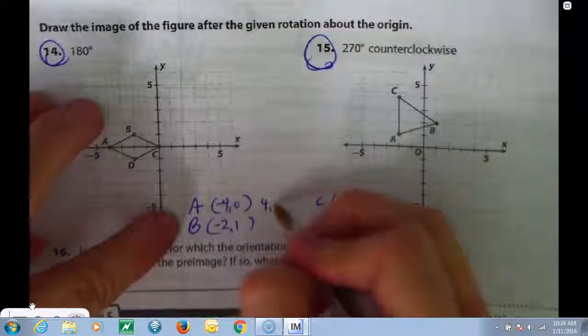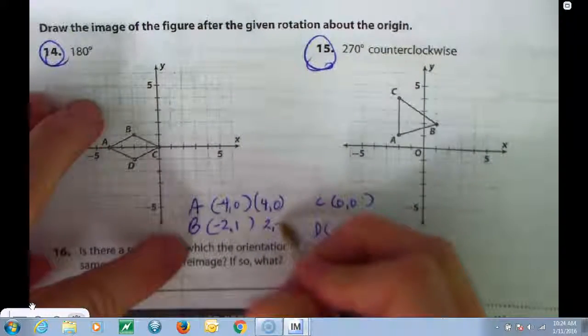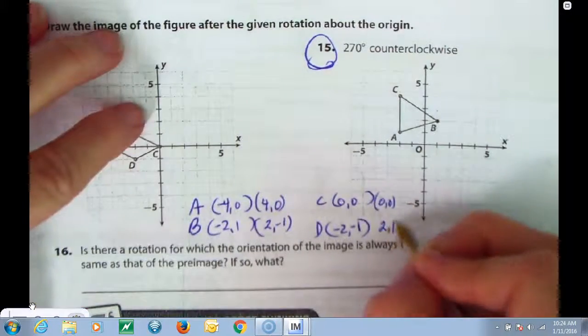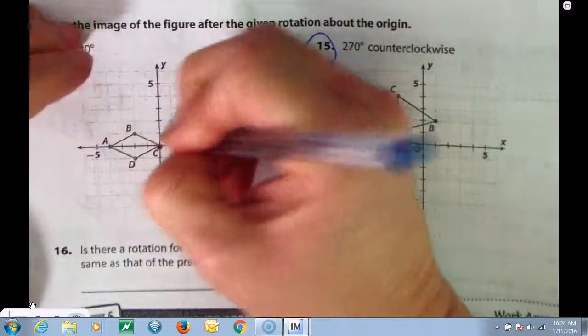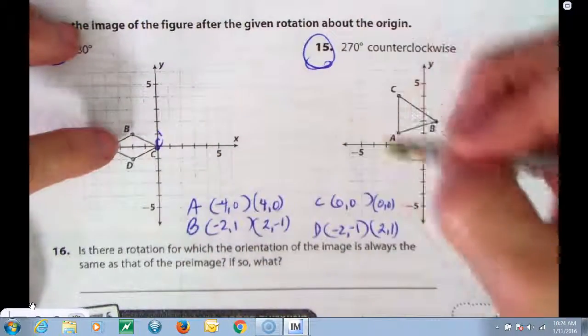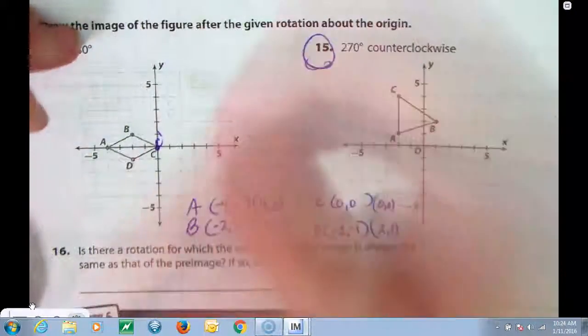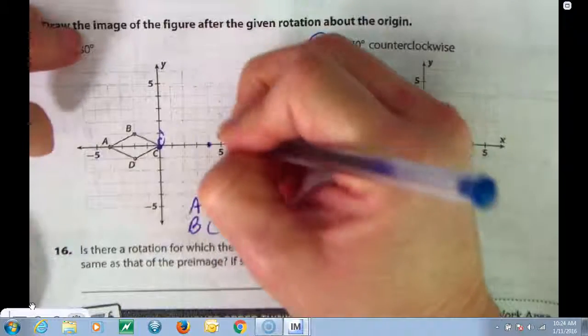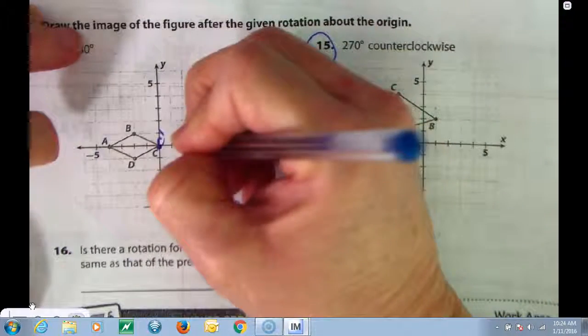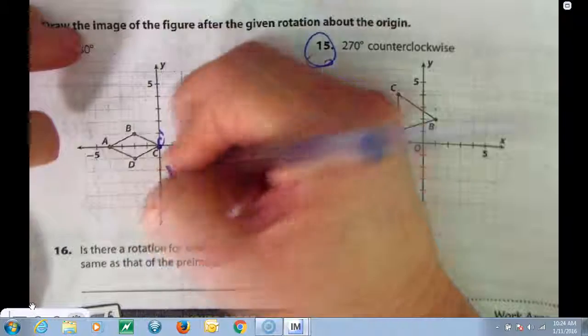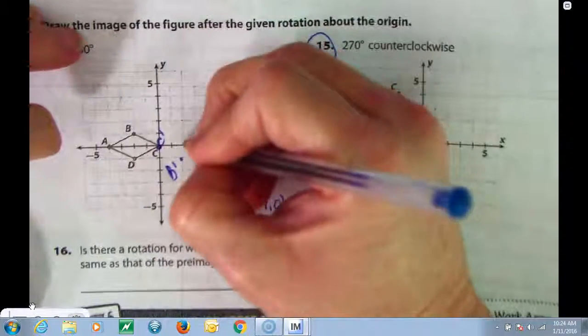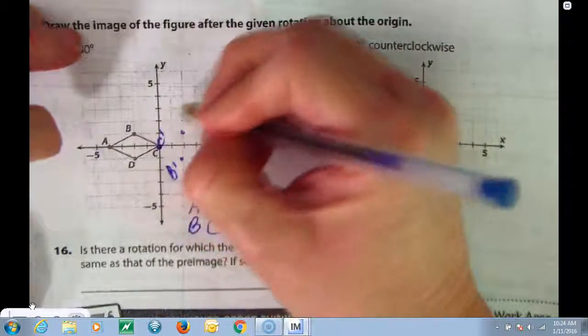So it would be 4, 0, 2, -1, 0, 0, 2, 1. That's going to be C prime. Oh, 4, 0 is A prime. 2, -1 is B prime. And 2, 1 is D prime.